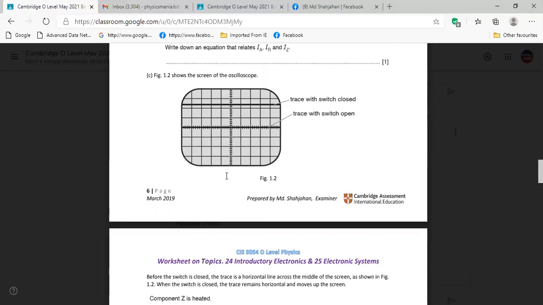Figure 1.2 shows the screen of an oscilloscope. Before the switch is closed, the trace is a horizontal line across the middle of the screen, as shown in figure 1.2.